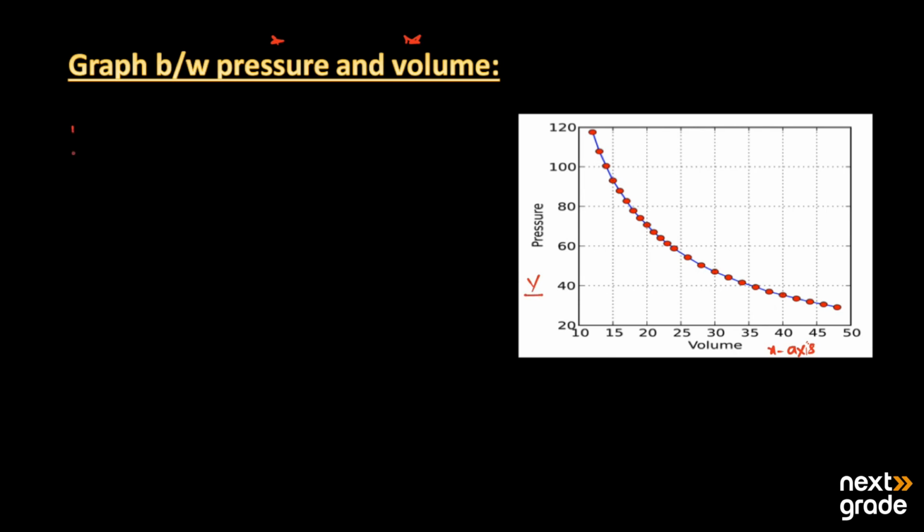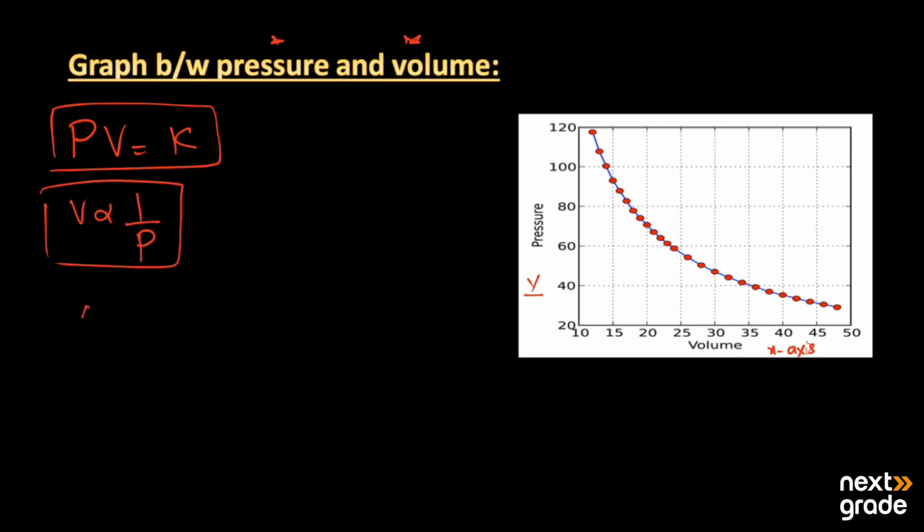The main relationship between pressure and volume is the inverse relation, where P into V is constant, equal to K, and V is inversely proportional to P. It means when we increase the pressure, the volume goes down, and when we decrease the pressure, the volume goes up. This can also be shown with the help of the graph plotted between pressure and volume.